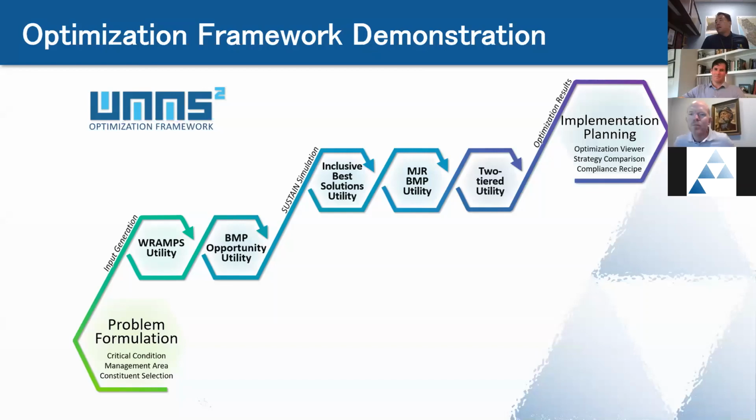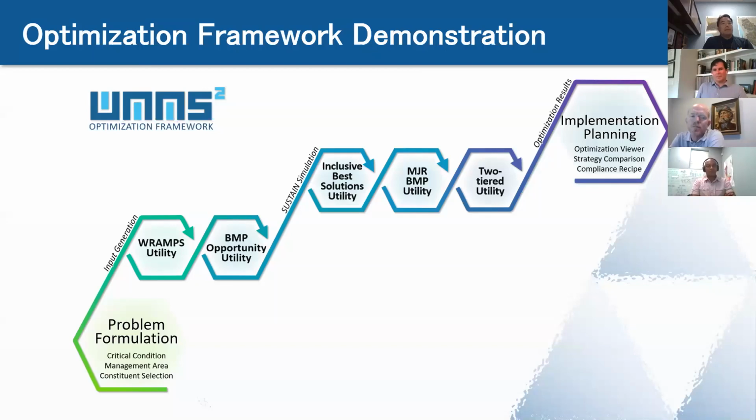Okay, great. One of the things Dustin was showing was the optimization framework. He was giving a bit of a tour of the WMMS model web platform, this framework, and how it works in the utilities and the description and support. What I'm going to do is pause for a little bit and take a detailed step through each of these utilities, starting with the problem formulation before the utilities.